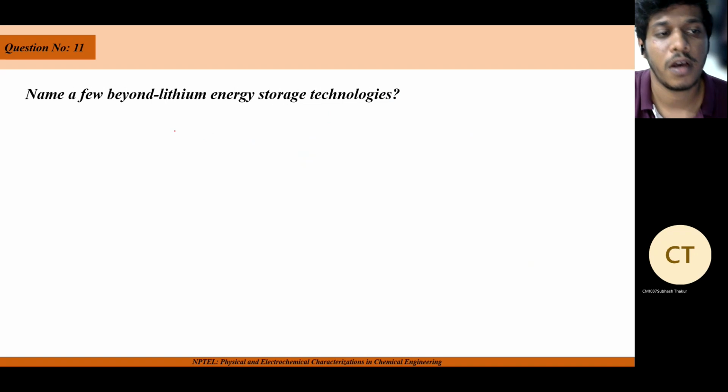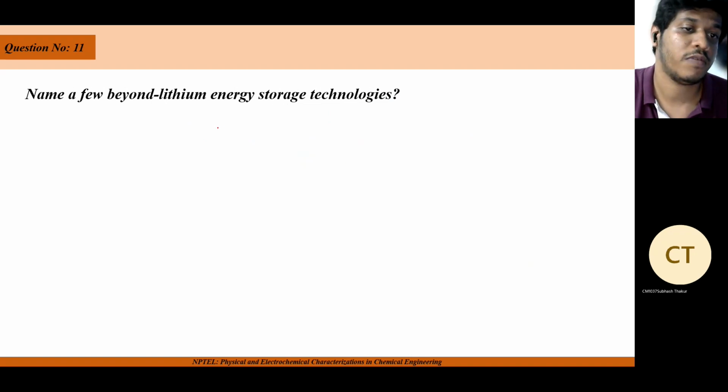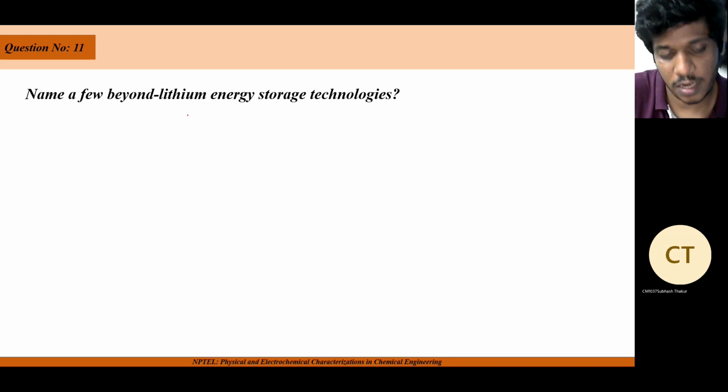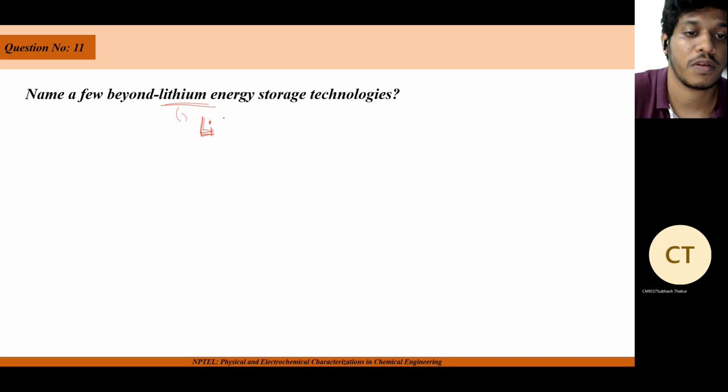Now let's discuss the next question. Name a few techniques that are beyond lithium for storing energy. Currently one of the most discussed and most widely used techniques to store energy is lithium based batteries, where the charge storage mainly occurs by the lithium ion.